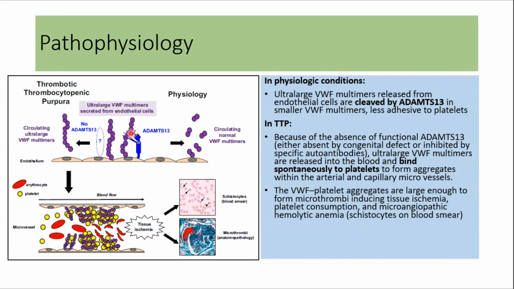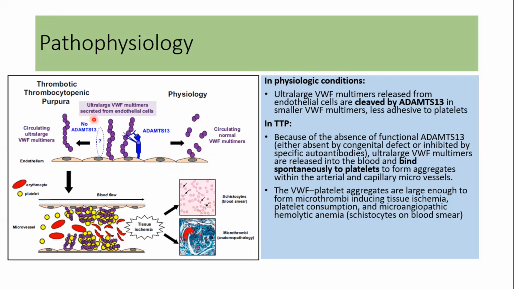Now let's discuss the pathophysiology. In physiological conditions, the ultra-large von Willebrand factor multimers, which are released from the endothelial cells, are cleaved by ADAMTS13 into smaller von Willebrand factor multimers, which are less adhesive to the platelets.